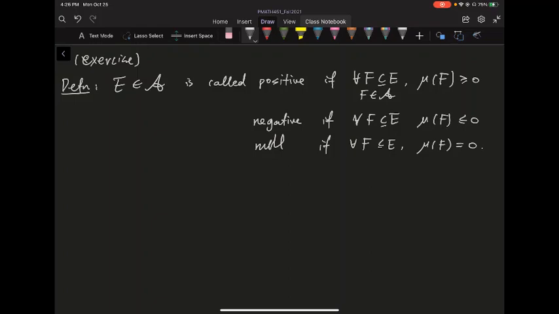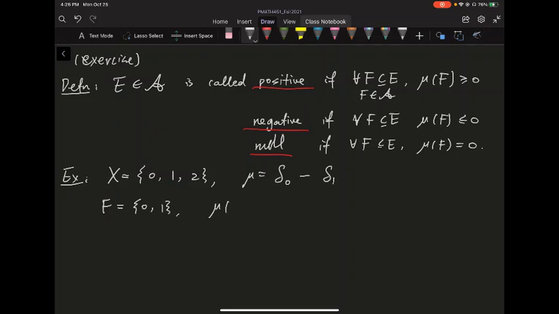So why do we make this definition of a null set and also similarly the negative and positive? Well, let's take an example. I just consider a set with 3 elements, 0, 1, and 2, and I consider a measure mu to be the Dirac measure delta 0 minus the Dirac measure delta 1. So as you may notice, if I take F to be the set {0, 1}, then mu of this F is basically equal to delta 0 of F, where 0 is in F, so it gives me 1.